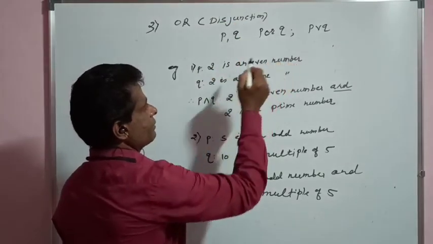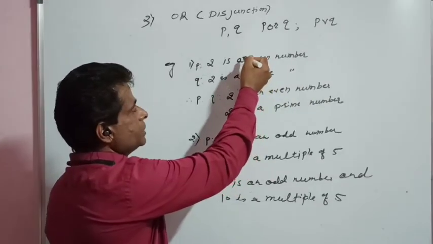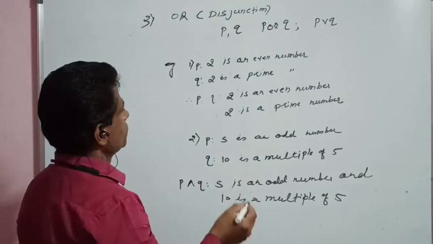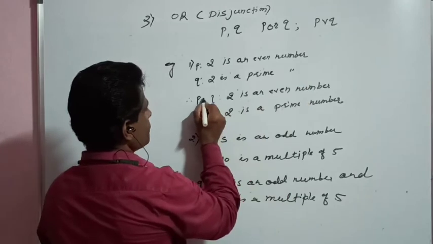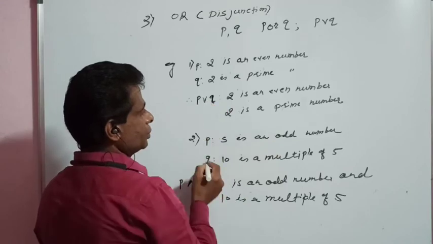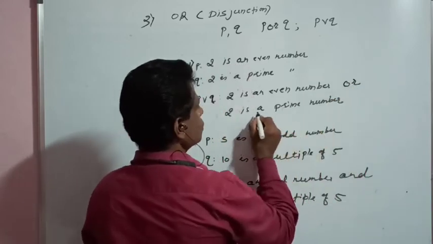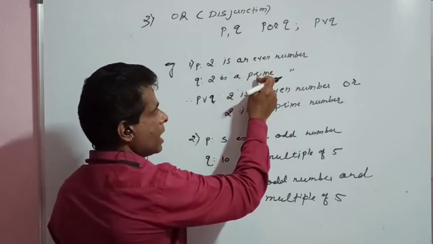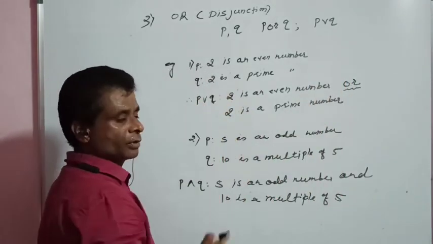P: 2 is an even number. Q: 2 is a prime number. Let us combine these two statements using the word OR. Therefore, P or Q or P disjunction Q is given by 2 is an even number or 2 is a prime number. So these two statements are combined by using the connective OR. So this is a compound statement.